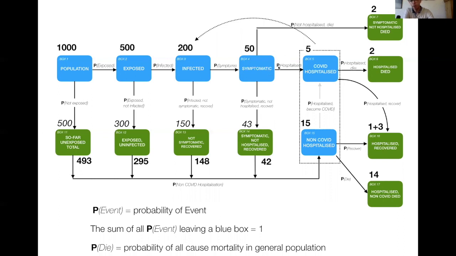Now, what this arrow here is, and you'll understand this if I put this in sort of English rather than symbols, is that not every case that is symptomatic requires hospitalization. The Chinese paper study was looking at being asymptomatic versus being symptomatic. He wasn't looking at being asymptomatic versus going into hospital. So there's a key part of the chain.